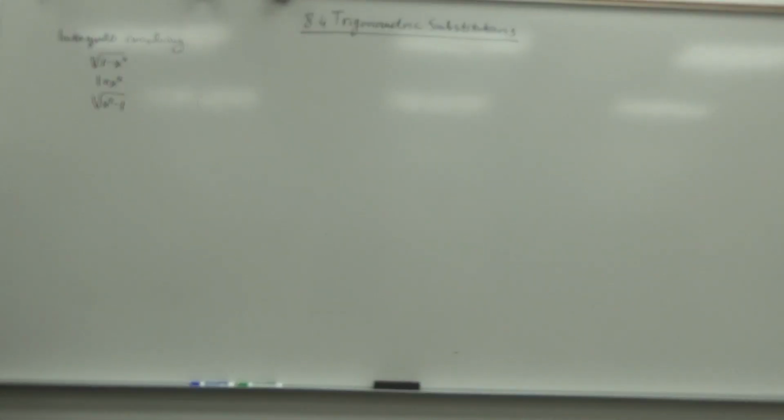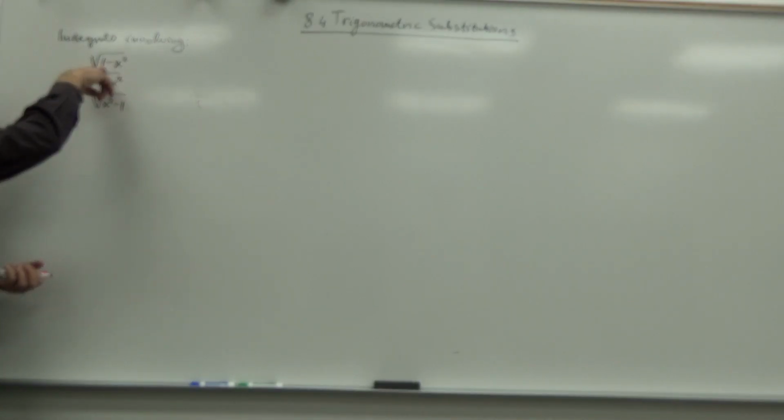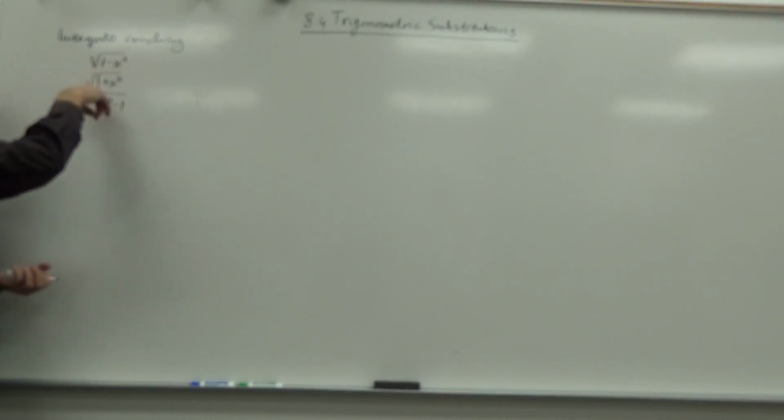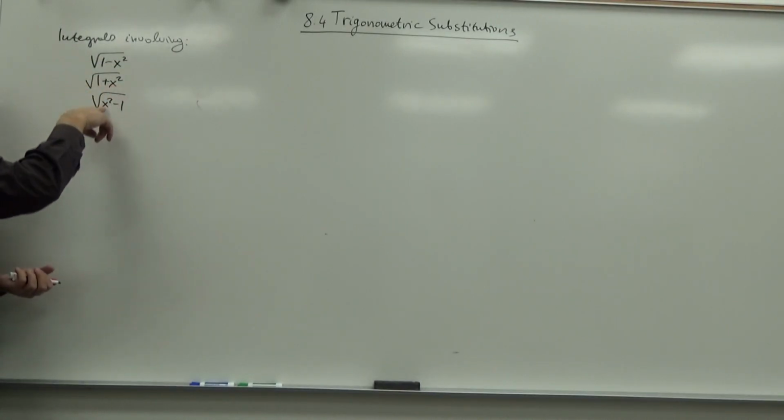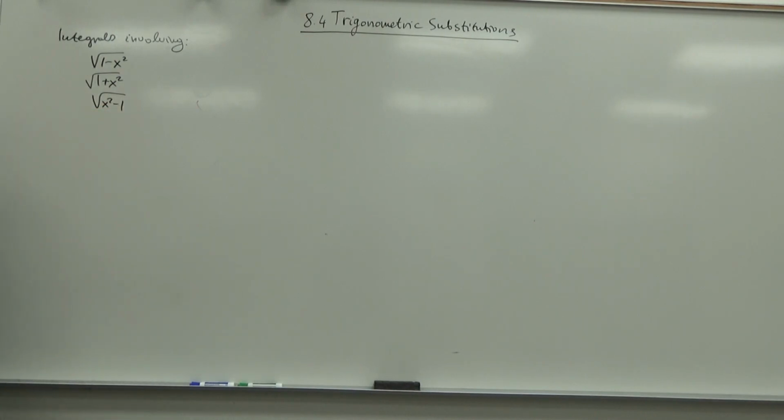If we see expressions like this, or square root, doesn't matter. We see square roots all the time. They look very similar, but they are dramatically different. One has a positive number, 1, minus a square. The other one has a plus in between. And the third one has a minus in between, but x squared comes first.